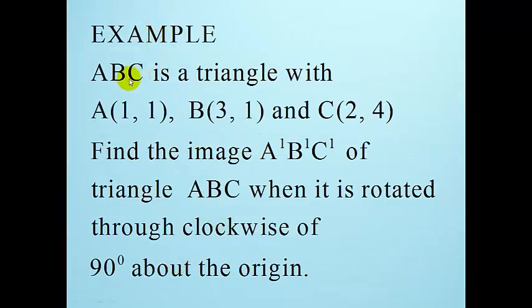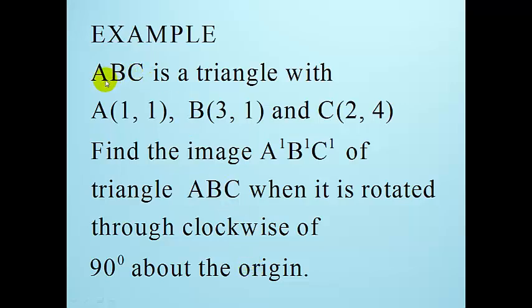Now, example: ABC is a triangle with A (1, 1), B (3, 1), and C (2, 4). Find the image A', B', C' of triangle ABC when it is rotated clockwise through 90 degrees about the origin.